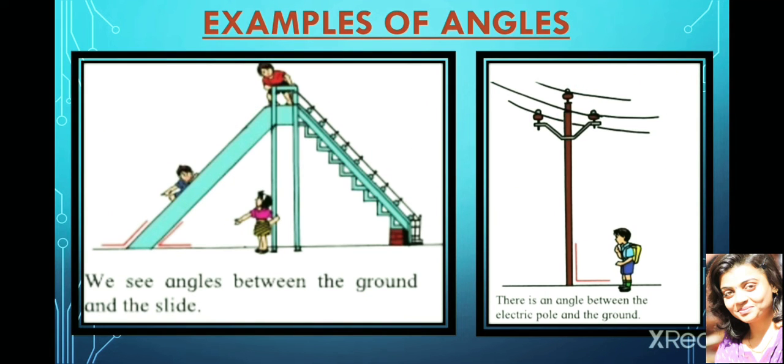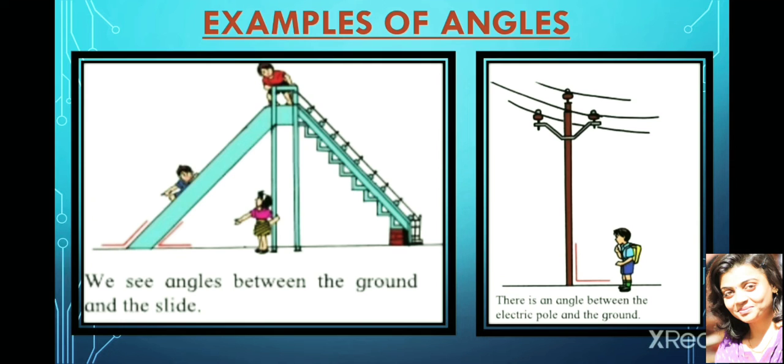Now I am having some examples of angles. Can you notice that slide? If you see properly, we will see red lines between ground and slide at the left side as well as at the right side. In the second picture, you can see an electric pole and at the bottom of the pole there is a red line.